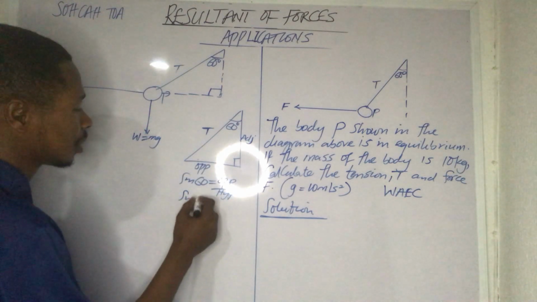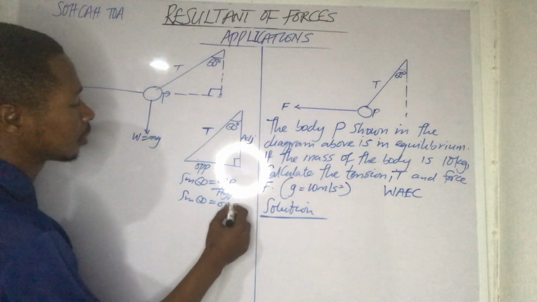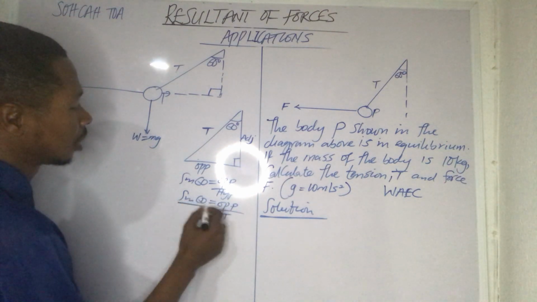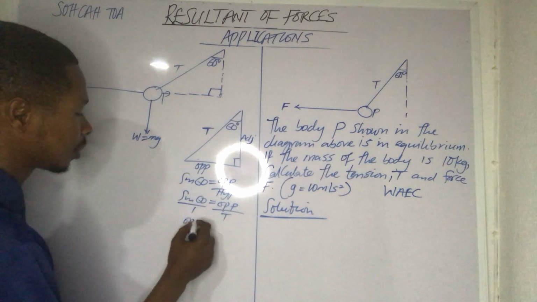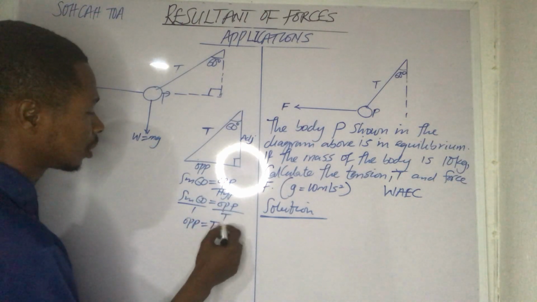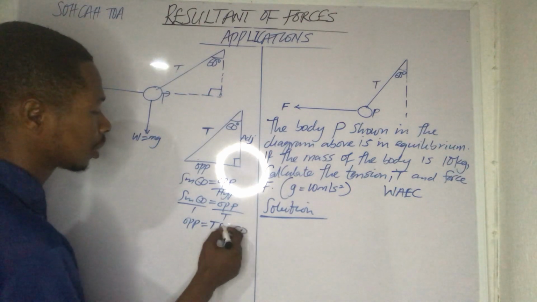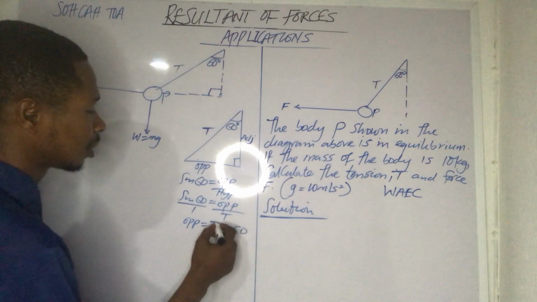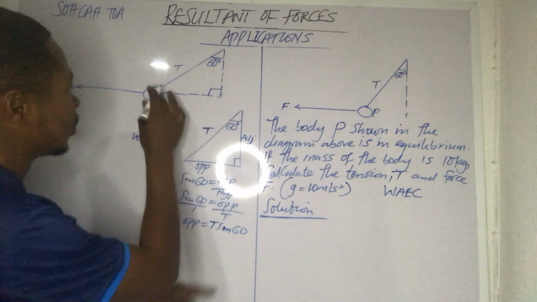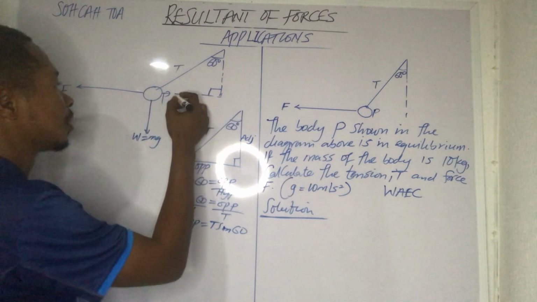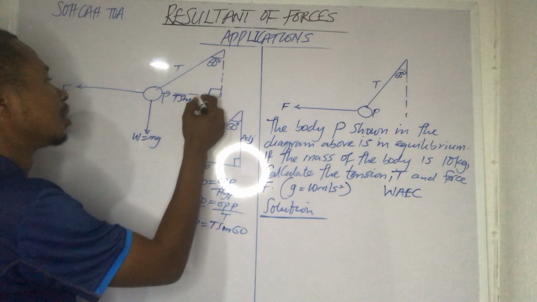That means sine 60 is equal to opposite over T, this over 1. If I cross multiply, opposite times 1 will be opposite, is equal to T sine 60. So my opposite, this side now, is T sine 60, which is the same thing as this place. That means this place is T sine 60.